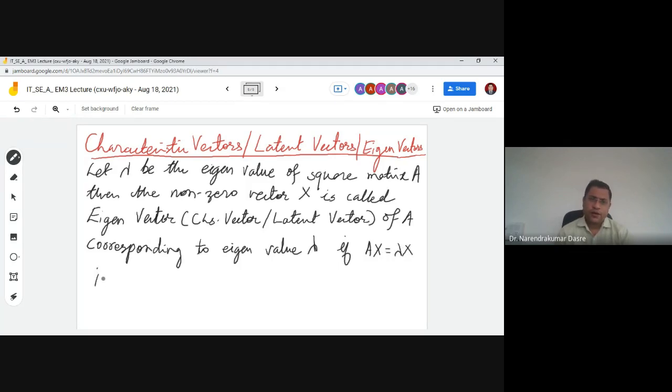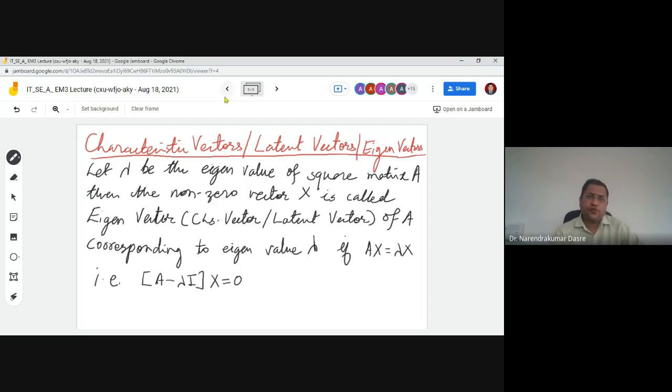Or in other words, this x is a solution of (A minus lambda I) into x equal to 0. So it satisfies the equation Ax equal to lambda x. That means if I multiply this vector x with the matrix A, then it is nothing but a scalar times the vector x again. So this scalar is going to be the eigenvalue of this matrix A, and here this is going to be the matrix.